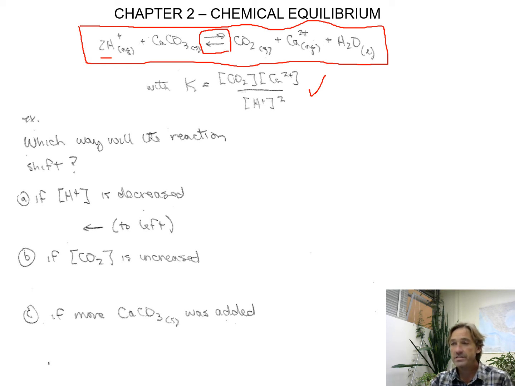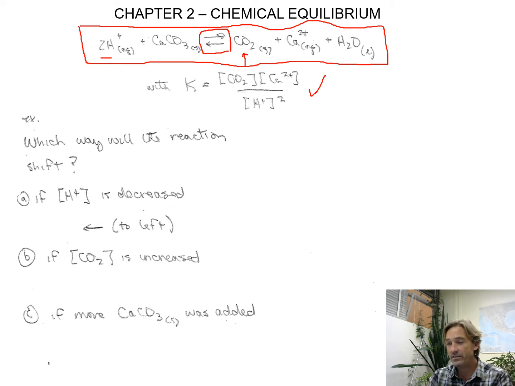If we increase CO2, so in this system, say we inject more CO2 into the system, how will the system get back to equilibrium? Well, there's too much CO2, so again, that's going to end up shifting the reaction to the left, because we have too much CO2.